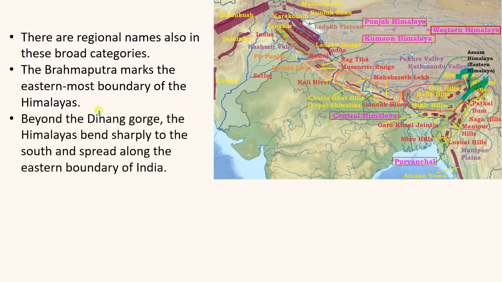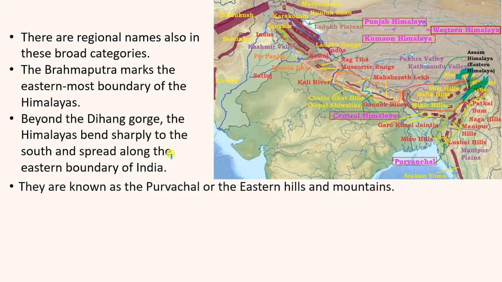Beyond the Dihang Gorge, the Himalaya bends sharply to the south and spreads along the eastern boundary of India. They are known as Purvanchal.